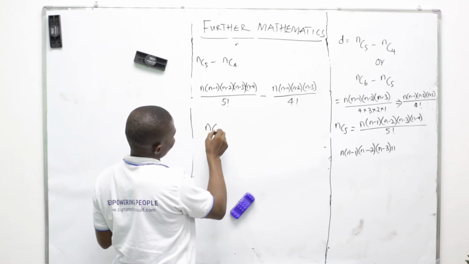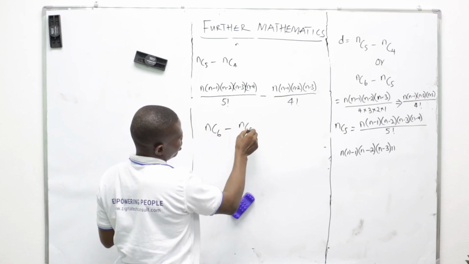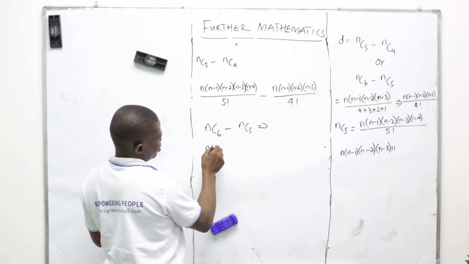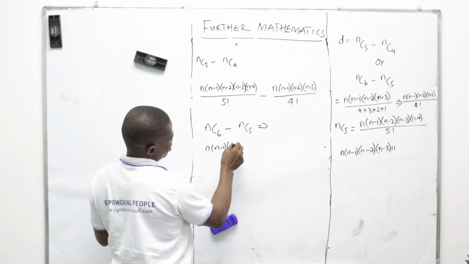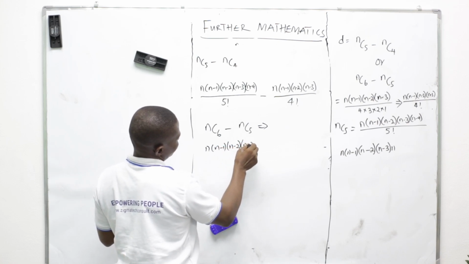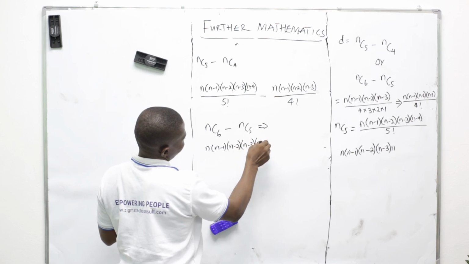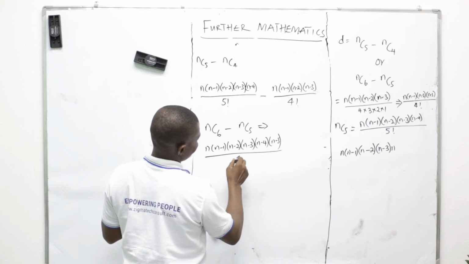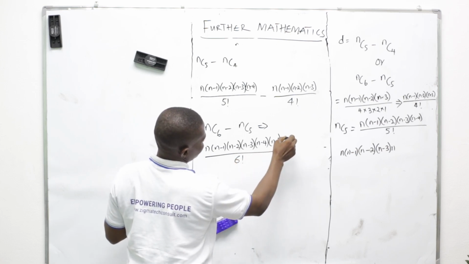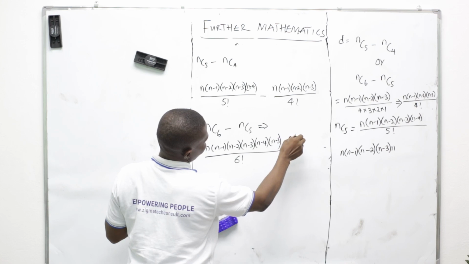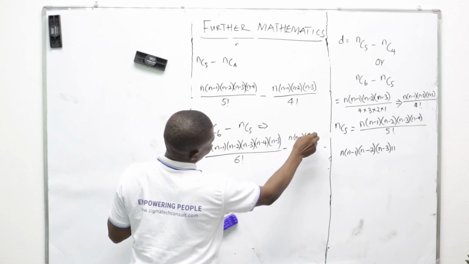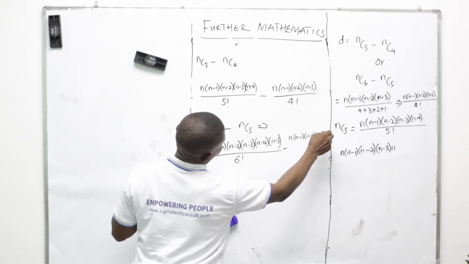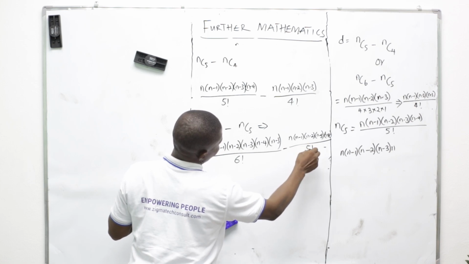Also, n combination 6 minus n combination 5 will imply n into n minus 1, n minus 2, n minus 3, n minus 4, n minus 5, all over 6 factorial minus n into n minus 1, 2, 3, 4, all over 5 factorial.